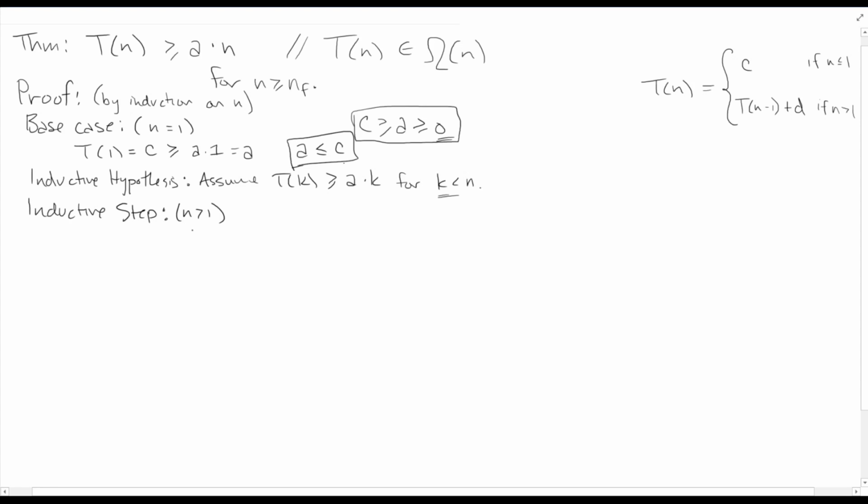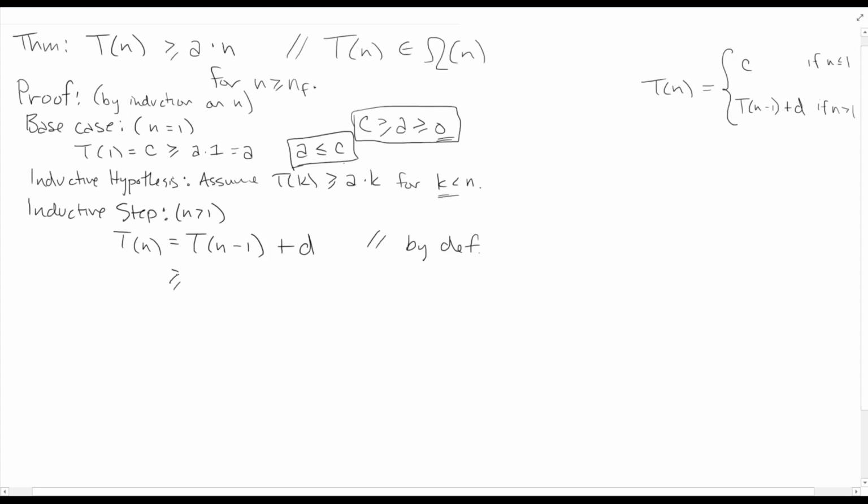In this step, we do the cases remaining where N is greater than 1, which means we're going to begin with our definition of T of N, copying from our recurrence above. We get T of N minus 1 plus D. Again, a little note for ourselves: this is by the definition of T of N.